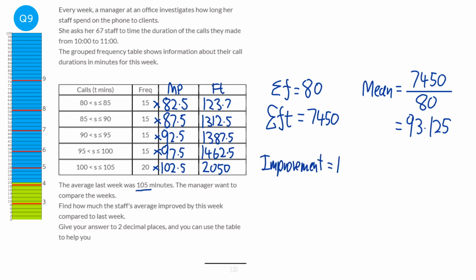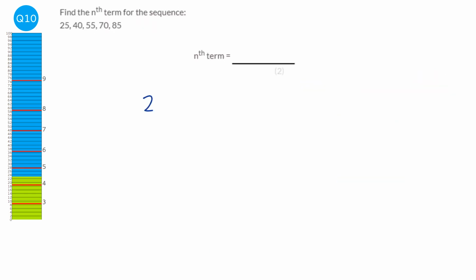We're going to do 105, take away the 93.125, and that's going to be 11.875. Now it does ask for 2 decimal places, so that will be 11.88.